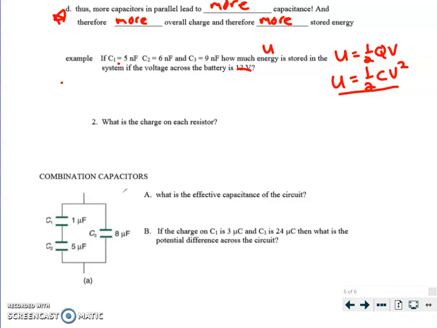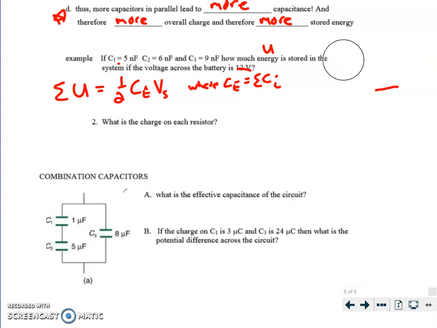So I can say the sum of the energy, I'm not looking for individual energy, I'm looking for the whole, is simply going to be 1/2 of the effective capacitance times the voltage across the source. So what is the effective capacitance? C_E is simply the sum of the individual capacitors.